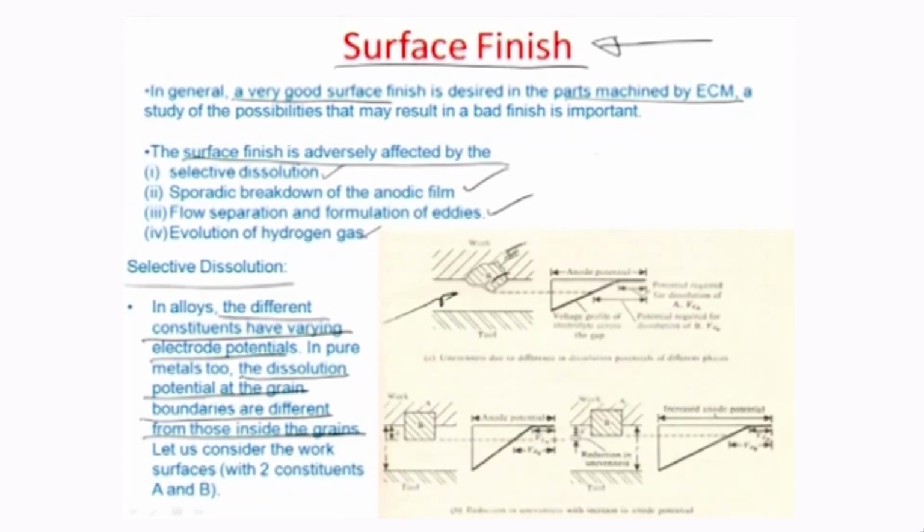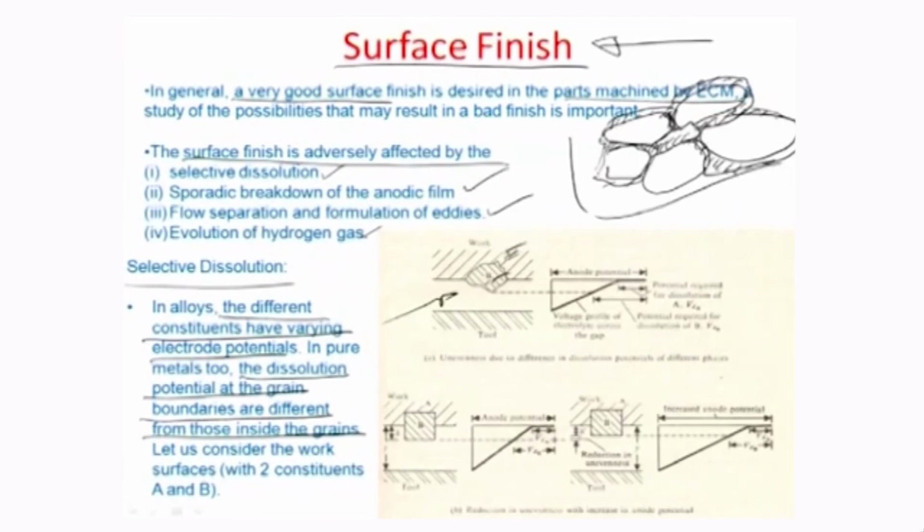So, there is always a tendency of the boundaries of these different grains to be dissolved at a different potential level than the grains itself. Okay. So, these are like the grain boundaries in a system. And so, when you do ECM of this kind of a surface, these boundaries which generate therein may have a different potential altogether.